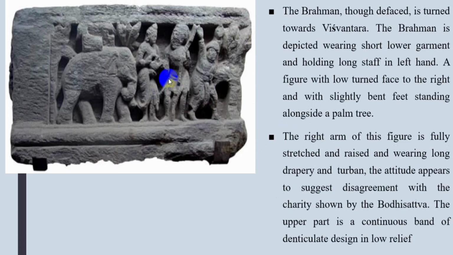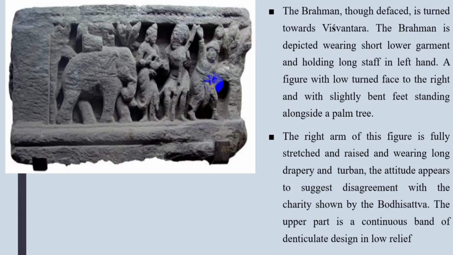And the Brahman, though he is defaced, is turned towards Vishwantara, and is depicted wearing a short lower garment and holding a long staff in his left hand. A figure with a low turned face to the right and with slightly bent feet stands alongside a palm tree to the right side.